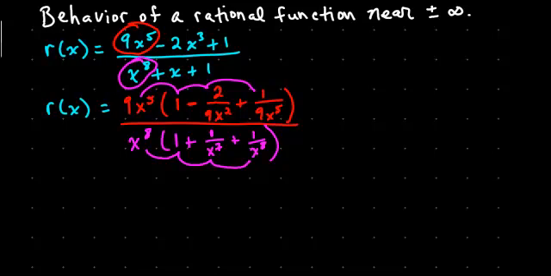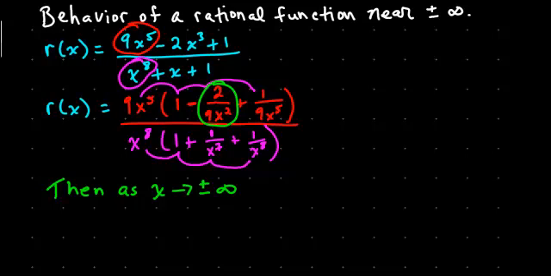So here's the trick now. We see this, so we get that our function then, as x goes to plus or minus infinity, we see that these terms here, what's going to happen to that term as x goes to infinity?